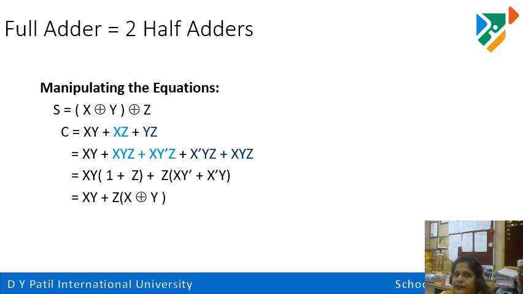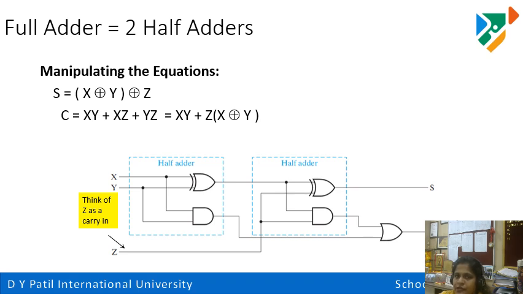We find this by using Boolean laws: sum is equal to xy plus xz plus yz, and you can go through how we frame it. Finally, one full adder is a combination of two half adders. Here Z is considered as C, that is the carry in. This is how we redraw a full adder.